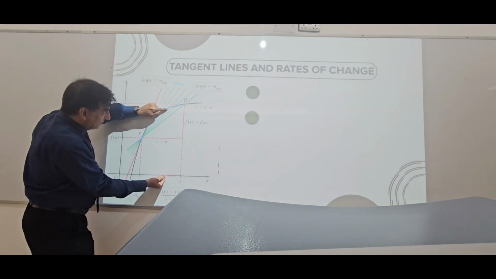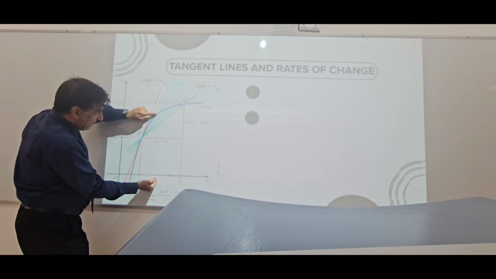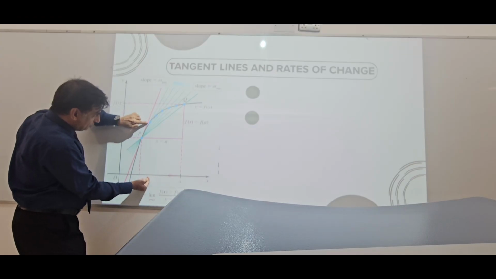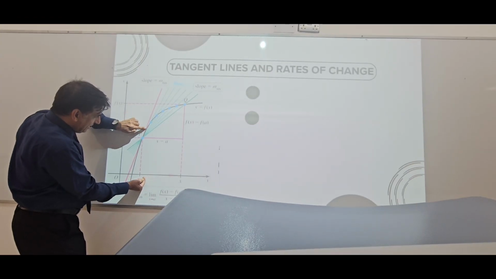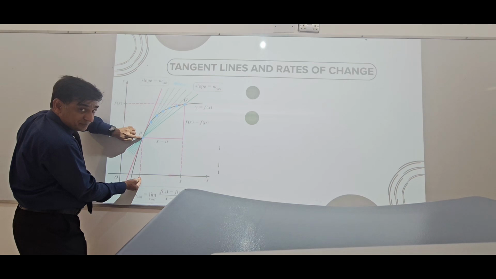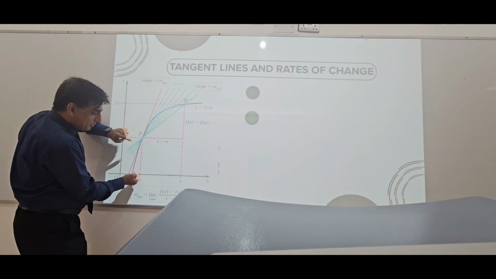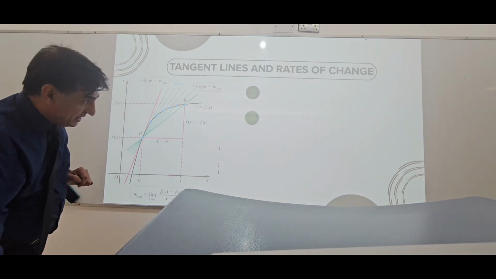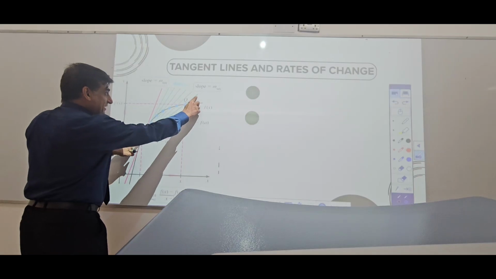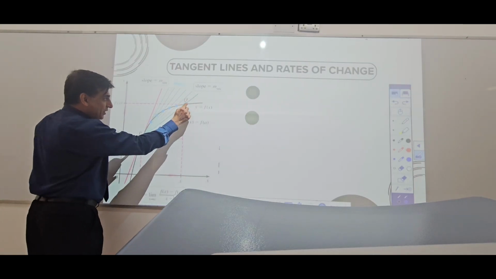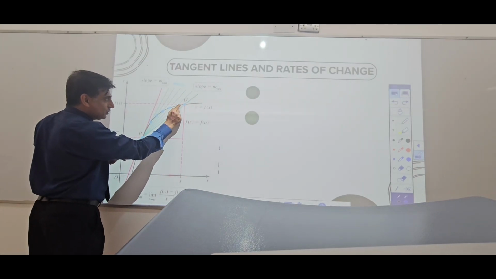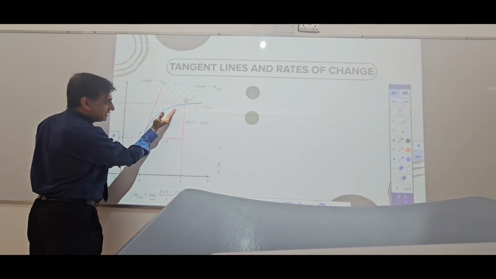Keep looking at my two hands. Look, as I go close to the value of a, I reach to this point, isn't it? I reach to this point. So basically, look at this line. See how this line will move when this point will move to this one. See how this line is going to move.